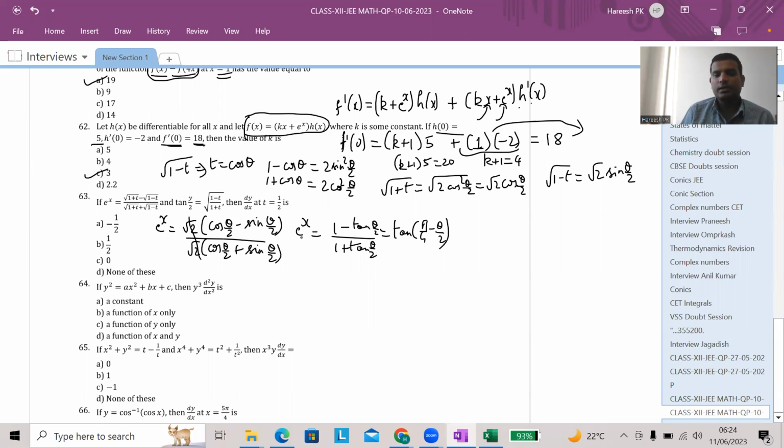So that is e power x. So then how to get x now? To get x, take the e to the right hand side. So you will get x equals ln tan pi by 4 minus theta by 2.